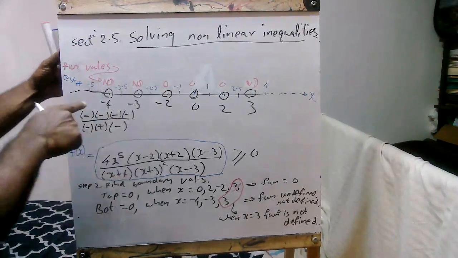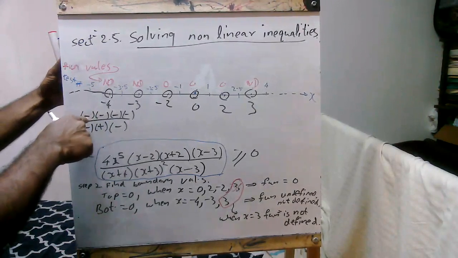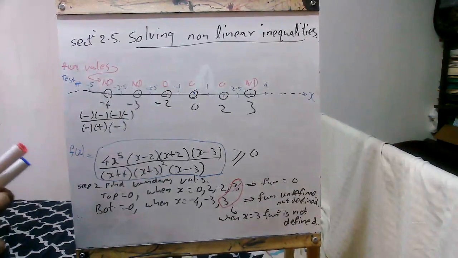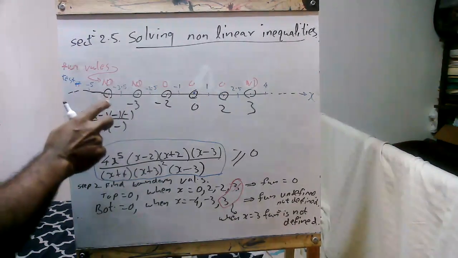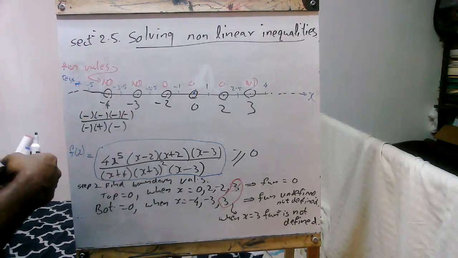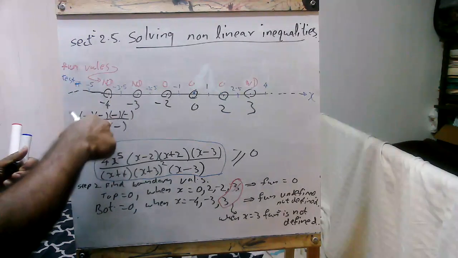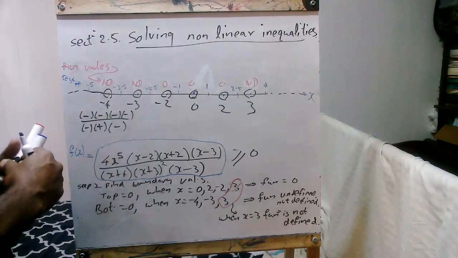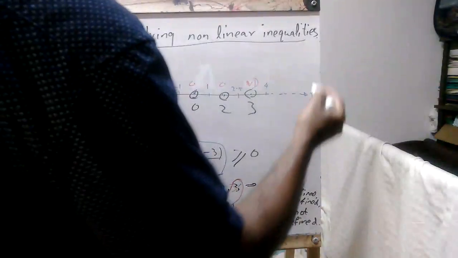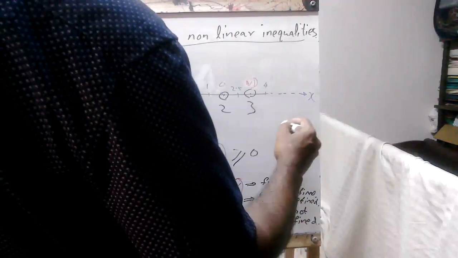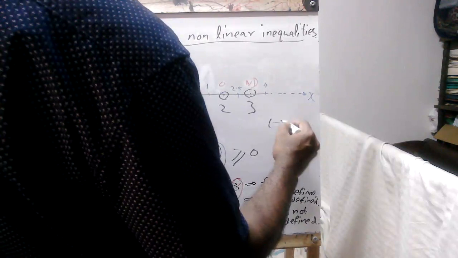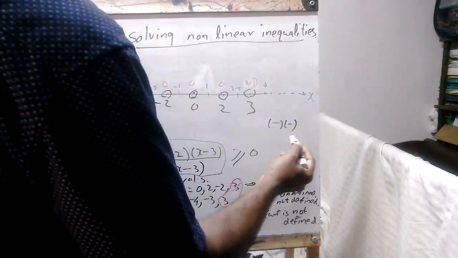The easiest way is to count the number of negatives: 1, 2, 3, 4, 5, 6. If the number of negative signs is even, it is positive. If the number of negative signs is odd, it is negative. Why? Think a little bit, and if you can't figure it out, ask me. I'll try to explain it simply. If you multiply 2 negative signs, it is positive.